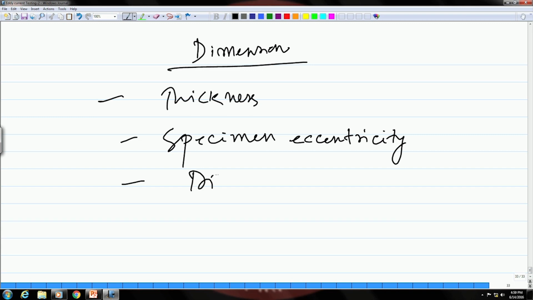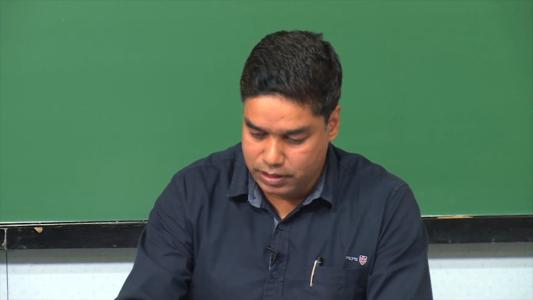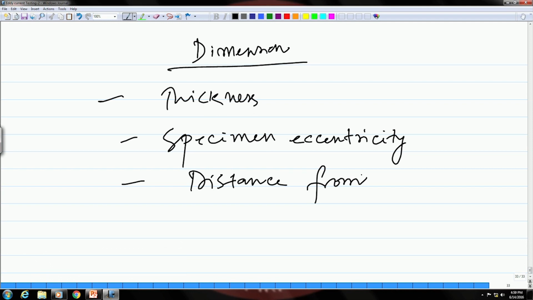And if you have nearby any other conductor apart from the sample, you should be careful about that also. So, distance from other nearby conductors should also be kept in mind.